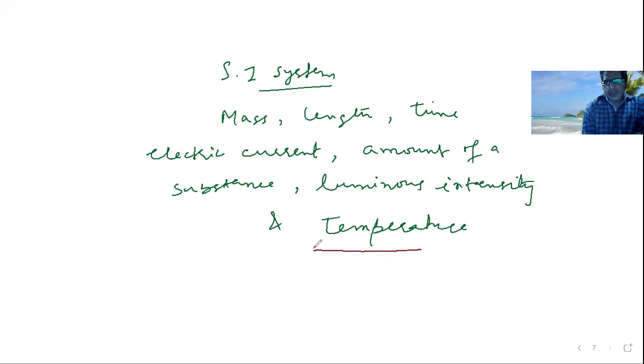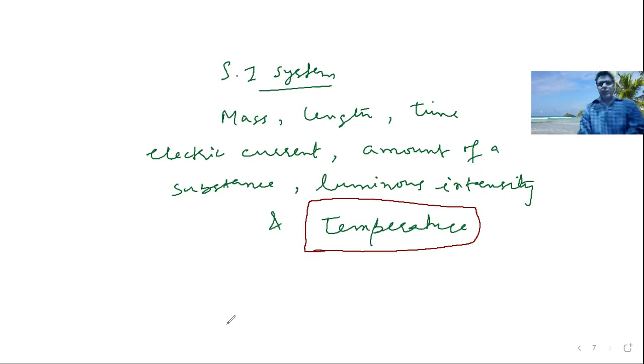So temperature is one of the base quantities in SI system. You have mass 1, length 2, time 3, electric current 4, amount of a substance 5, luminous intensity 6, and temperature 7.